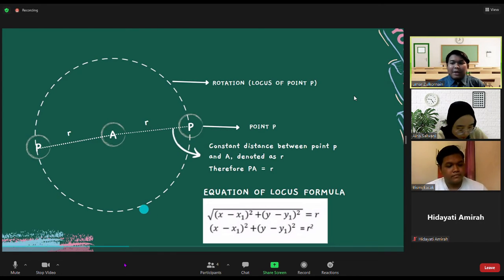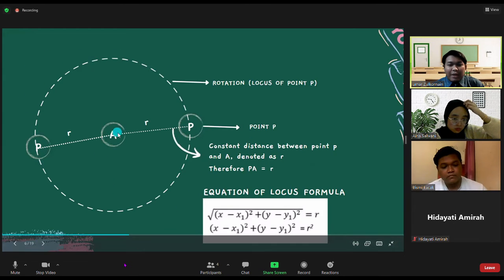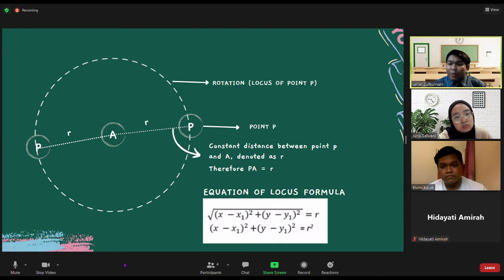This is the concept that I'm trying to show. You will have a moving point, in this situation P. P is the moving point, and it is moving around the point A. Point A is coordinated by x1 and y1. It could be 0, 0, 1, 0, 4, -3, and so on. It depends on the question. So A is the center point with coordinates, and P is the moving point.